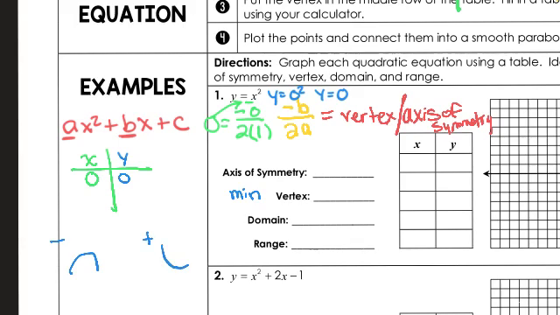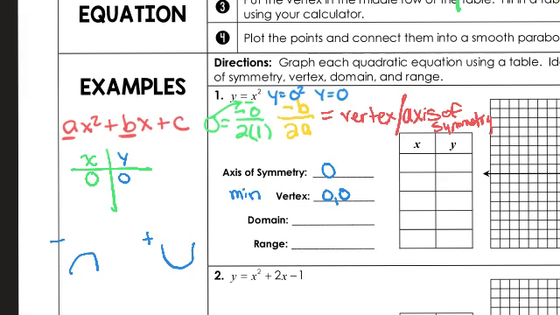This is positive. And so if it's facing downward, then it has a maximum, but if it's positive and facing upward, it's going to have a minimum. So the minimum is that vertex at 0, 0. And that would also be the point at which it's going through at x equals 0.